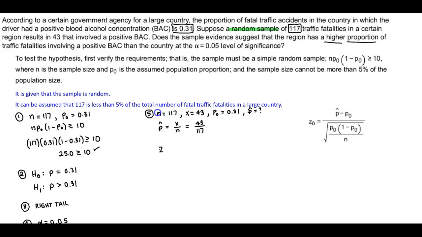When we want to find z subscript 0, it's going to equal the point estimate, which is 43 over 117, minus 0.31, divided by the square root of 0.31 times 1 minus 0.31 divided by 117.